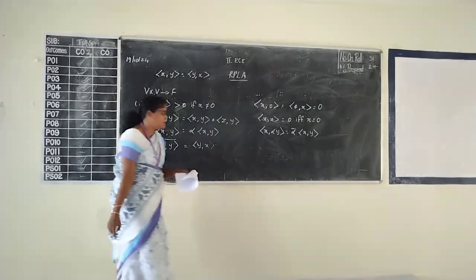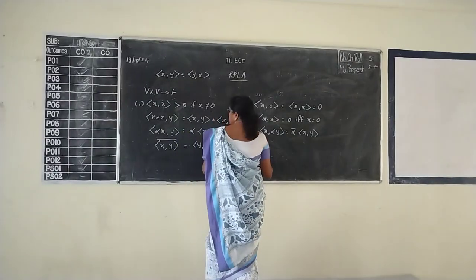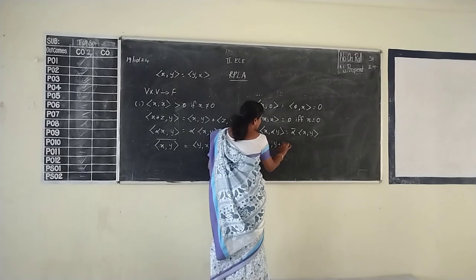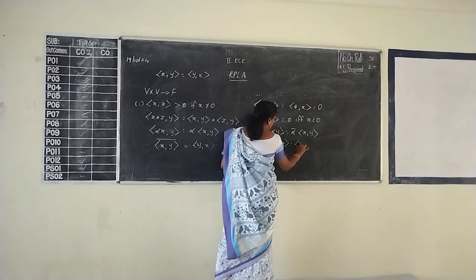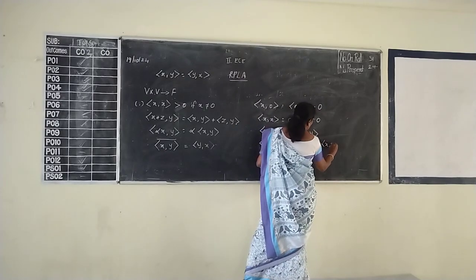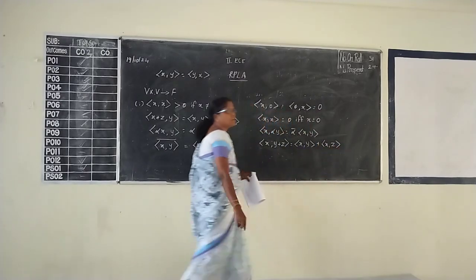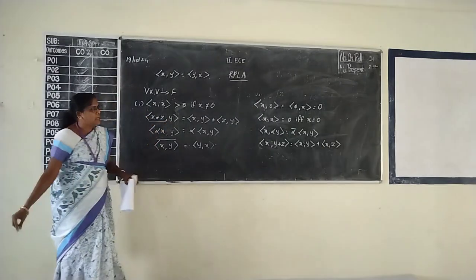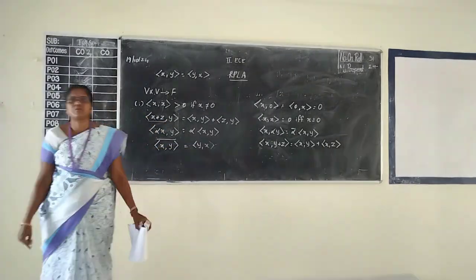If alpha is in the second term, when you take the scalar outside, it becomes a conjugate. Next one, similar to our second one: inner product of x comma y plus z is equal to inner product of x comma y plus inner product of x comma z. There the first term was the addition of two vectors. Here the second term is the addition of two vectors.